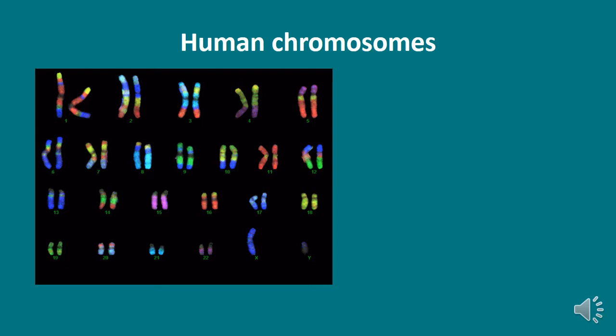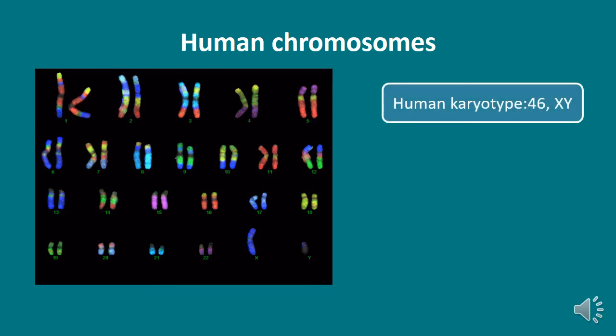Can you remember the specific term that is given to this kind of a picture? It is a karyotype. By looking at a karyotype, we can have an idea about the number of chromosomes, their sizes and their shapes. And also we can tell whether it's from a male or a female.